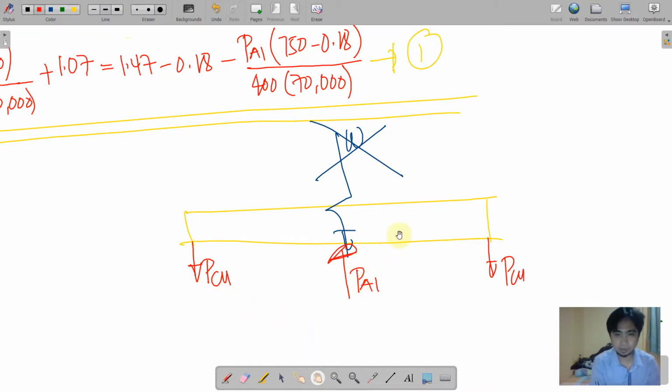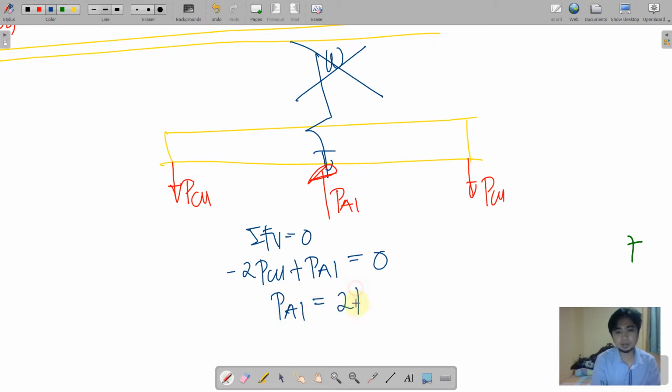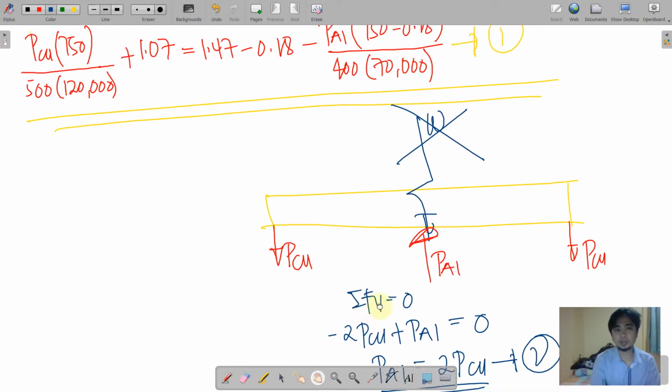Okay, so with this, we can now say by summation of forces vertical is equal to 0, we have two downwards PCU that is indicated by negative, and an upwards aluminum, this is equal to 0. So simply, P aluminum is twice PCU. Say this is the second equation, that is to supplement the first equation.